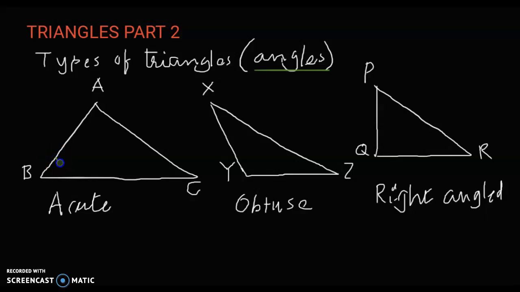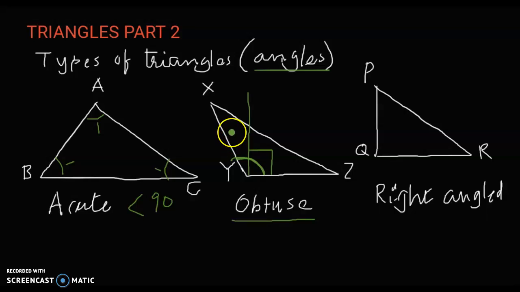If all the angles are less than 90, then it is called an acute angle triangle. This is less than 90, this is less than 90, this is less than 90. Acute triangle. Now if any one angle is more than 90, then that triangle is called an obtuse triangle.